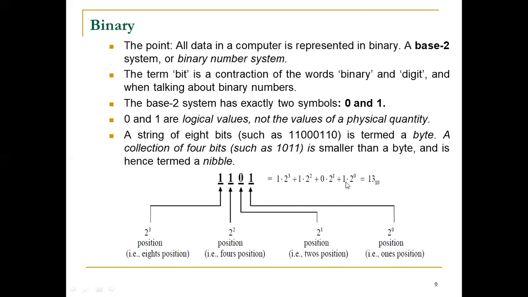So it is 1 into 2 raised to 0, 0 into 2 raised to 1, then 1 into 2 raised to 2, and 1 into 2 raised to 3. If you solve this addition and multiplication, the total is 13. In this way we can convert binary into decimal.